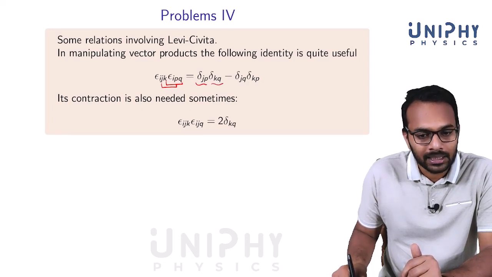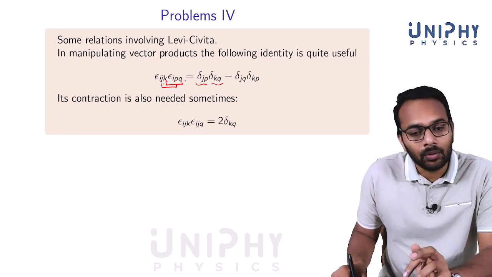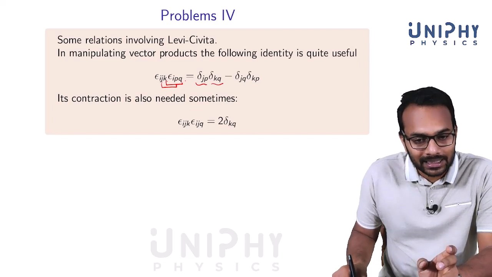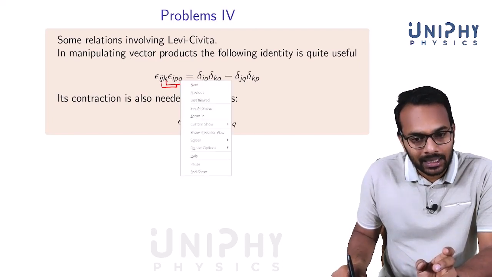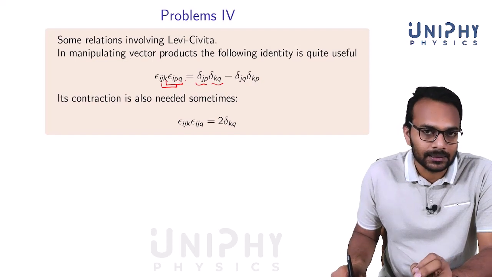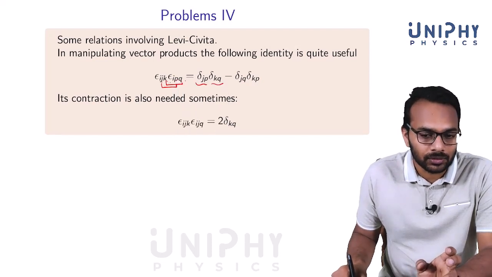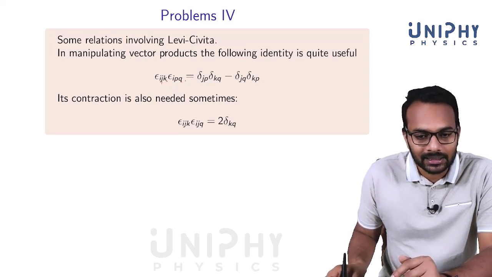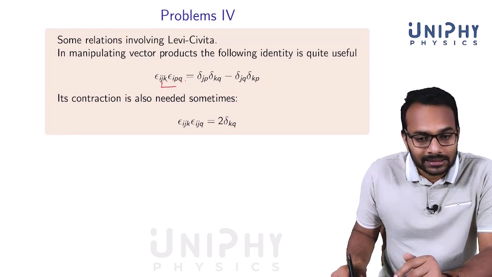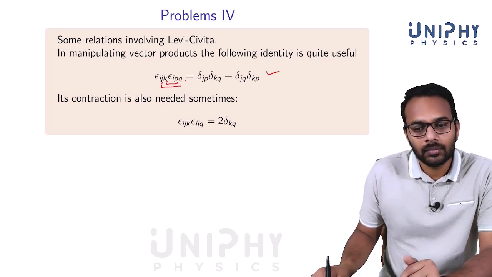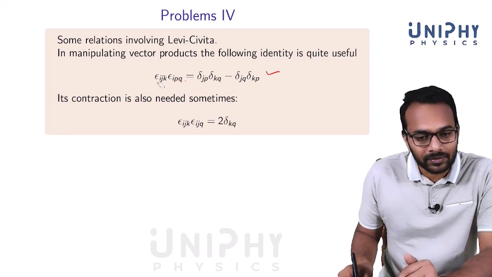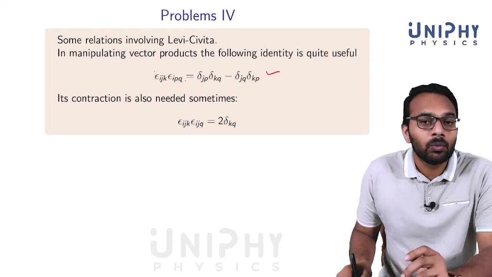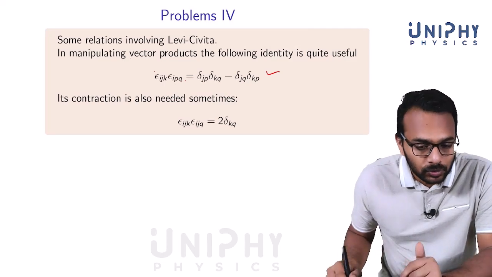Now you combine the second index with the third index here, and the third index with the second index here, and for doing that exchange you get an extra minus sign. So it's minus delta jq, delta kp. This is the case if any one index is the same, especially the first index. What if two indices are the same?